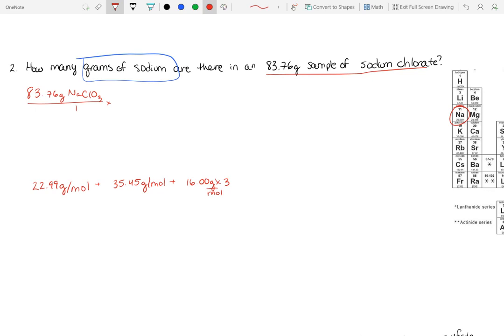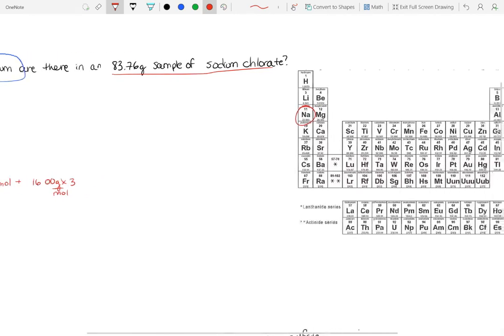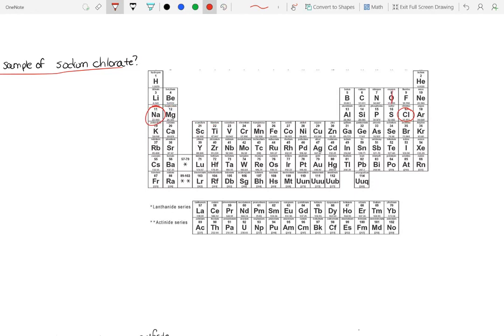Now, while I do this calculation, you as students should be practicing so much to the point where you actually start memorizing the atomic masses of some of the more common elements, such as oxygen or nitrogen or carbon or sulfur, sodium, potassium, hydrogen especially.